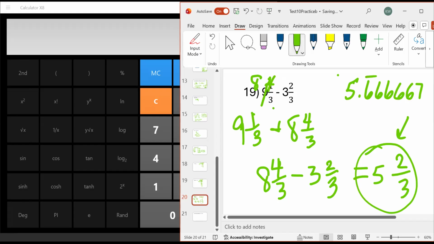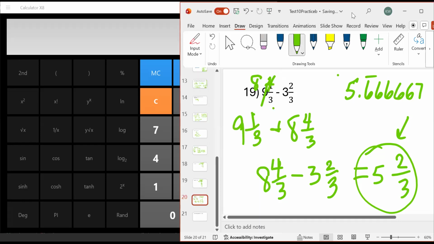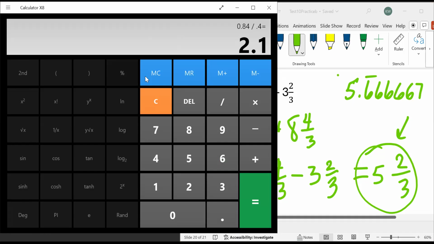Okay, so let's see what we do with the calculator. I'm going to use some parentheses so I can do this all at once. So we had 9 1/3. The first number, I'm going to nestle some parentheses here. So we have 9 plus 1/3 for our first number.